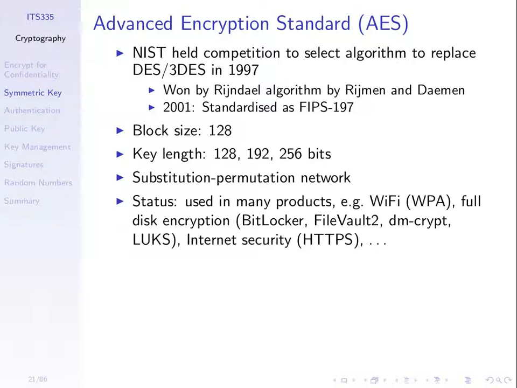It's today considered secure, so there are no known significant weaknesses in the algorithm. It uses a block size of 128 bits, and it has options for different key lengths. Not just one value, but you can choose a key length of 128 bits, 192 or 256 bits.